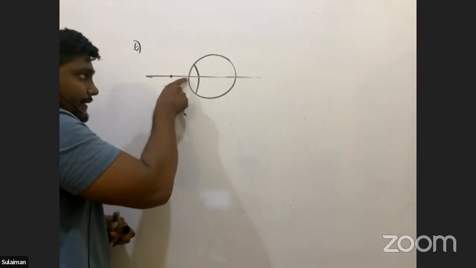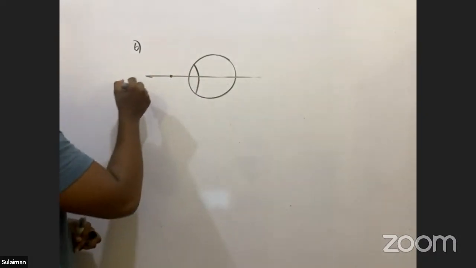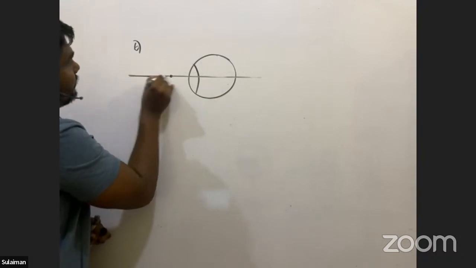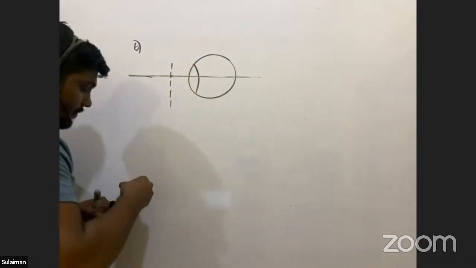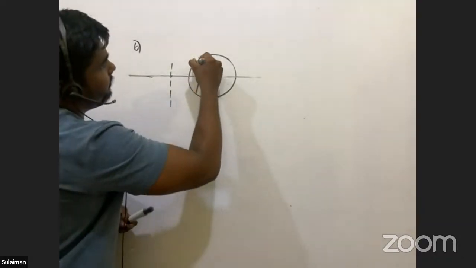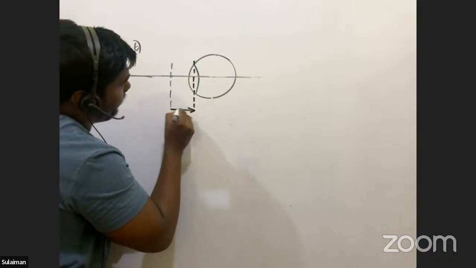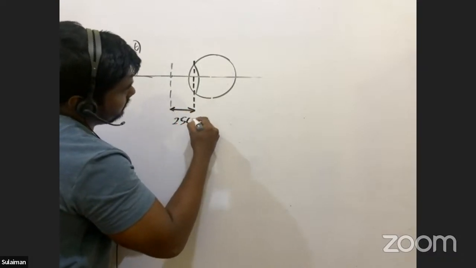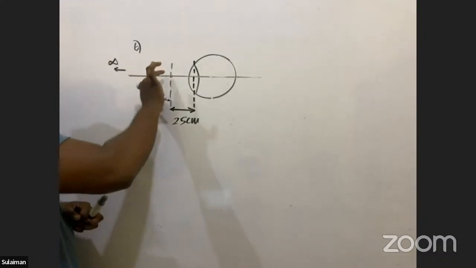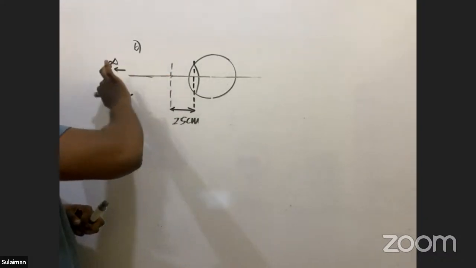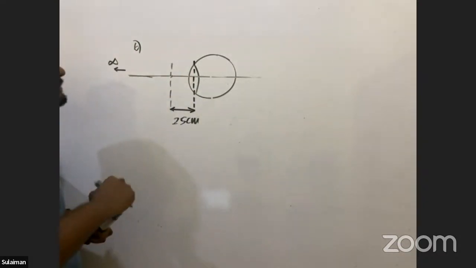So this person can see any objects in between 25 centimeters and infinity. If you keep the object at any point in between, I can see that object.